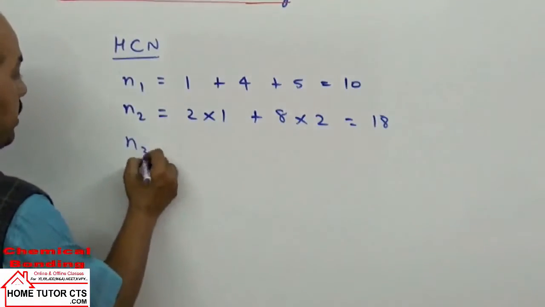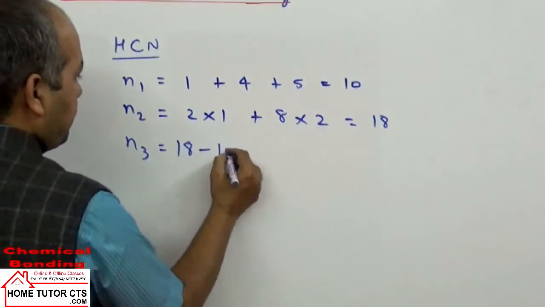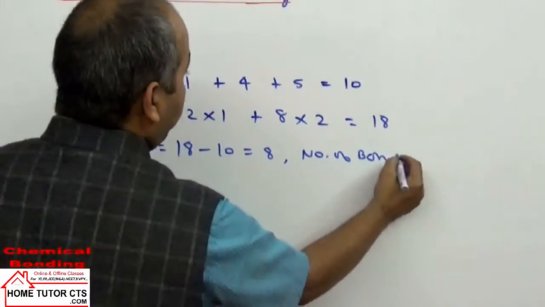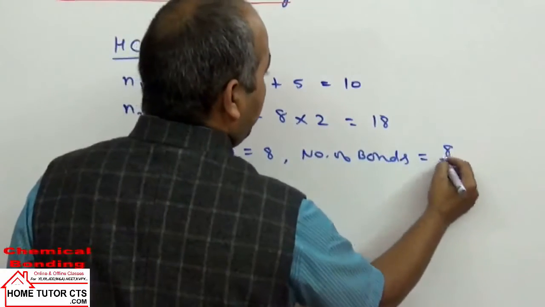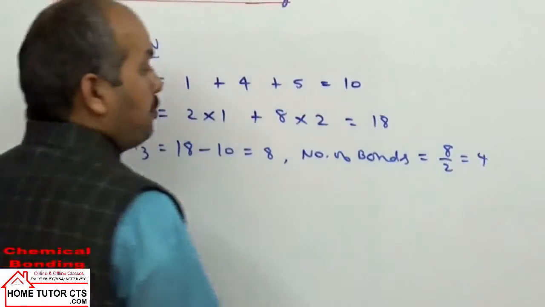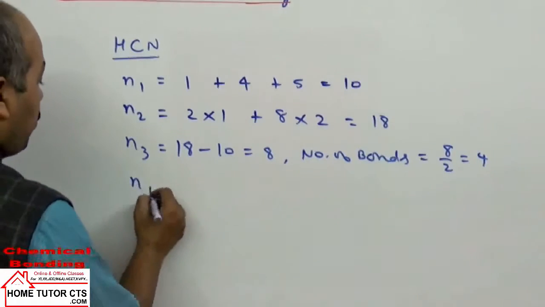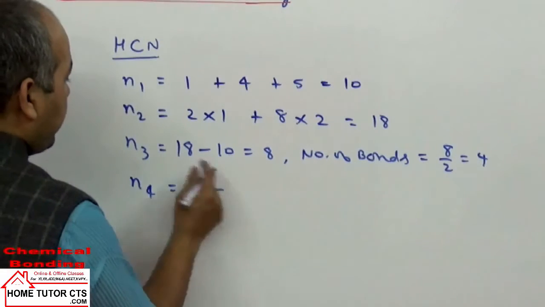What is N3? It is the difference, N2 minus N1, which is 8. That gives the number of bonding electrons, so the number of bonds will be 8 by 2, which is 4. We should have 4 bonds. And N4 is N1 minus N3.